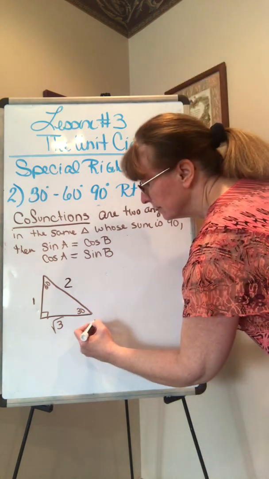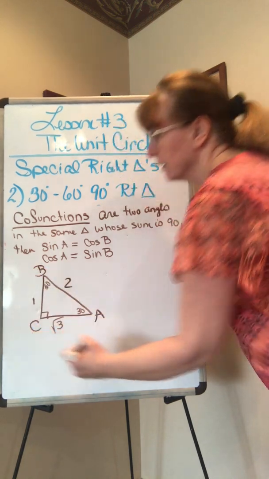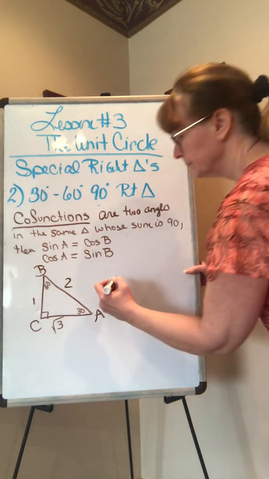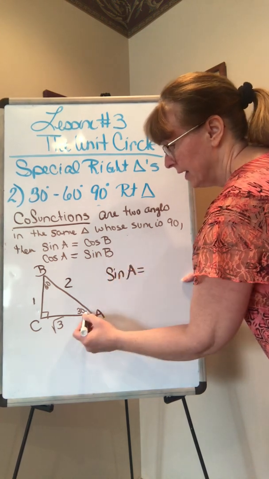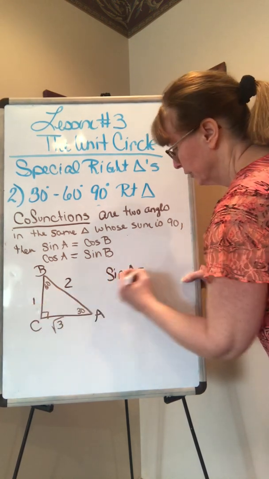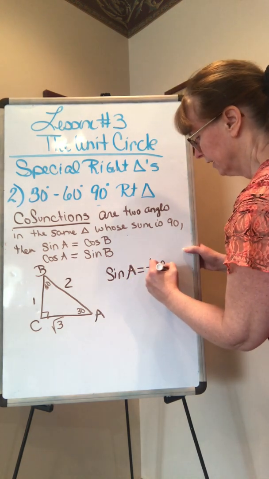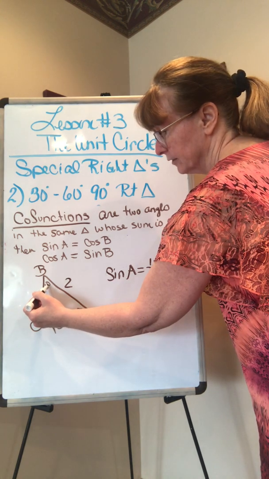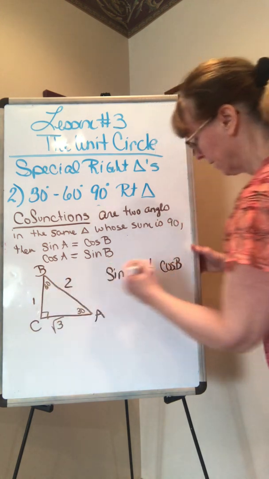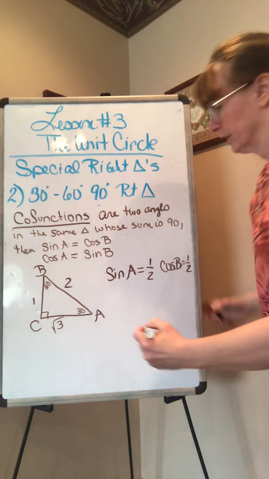If I call this angle A, and I call this angle B, and I call the 90 degrees angle C, the sine from angle A is 1 to 2. And then the cosine of B, 60 degrees, would be adjacent to the hypotenuse. Always going to work, cofunctions.